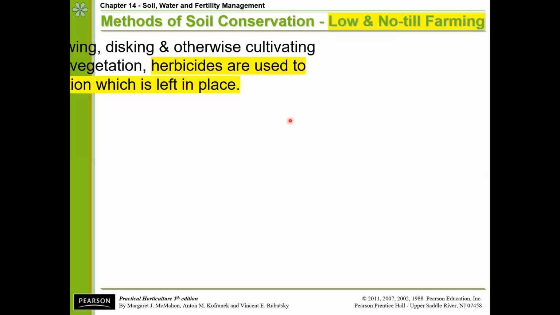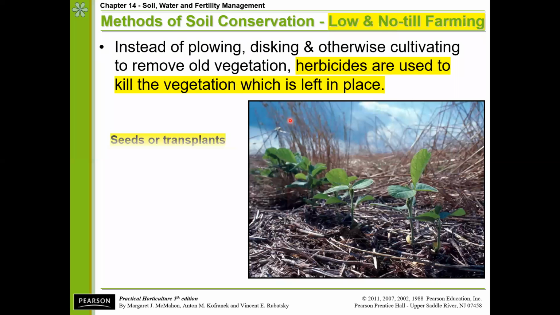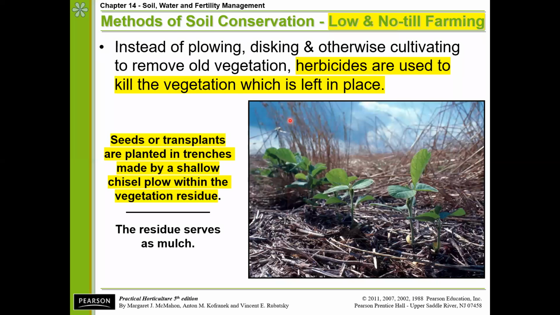Something that's become more and more popular over the years is low or no-till farming. And I should say that doesn't necessarily mean that you're not tilling at all in either low or no-till systems. Usually you do have to at least practice some sort of tillage methods, some plowing, disking, and cultivating, at least initially.